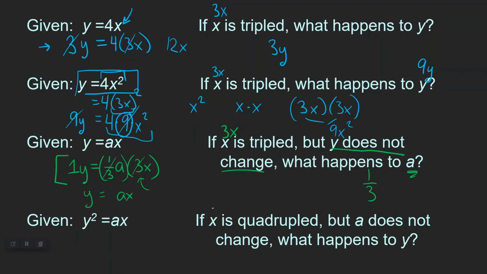X is now going to be quadrupled, so we're going to multiply that by 4, but a again does not change. So a stays the same, and x is going to be quadrupled. Well, I've multiplied the right side by a factor of 4, so the left side also needs to be multiplied by a factor of 4 by changing this y.